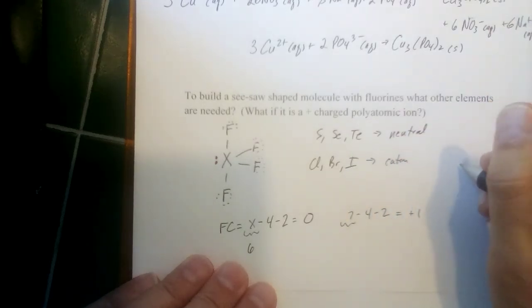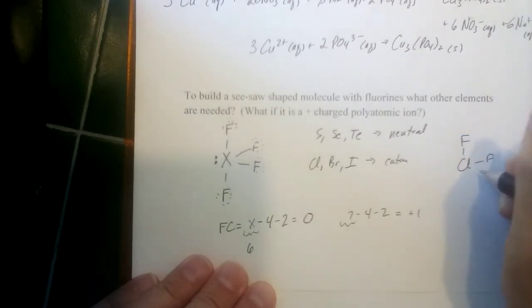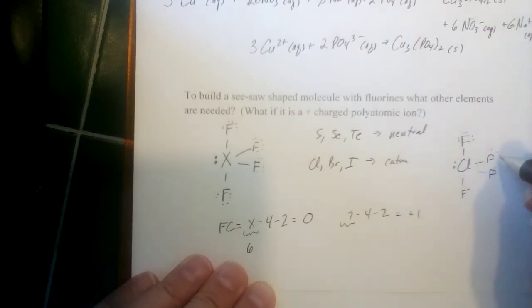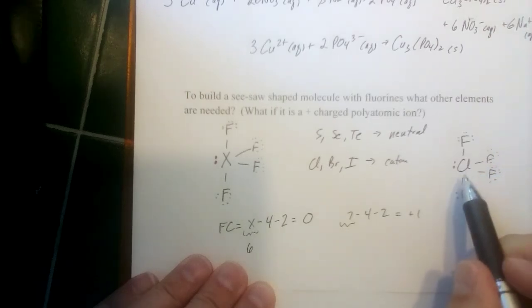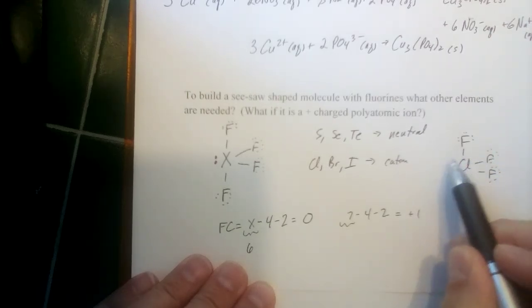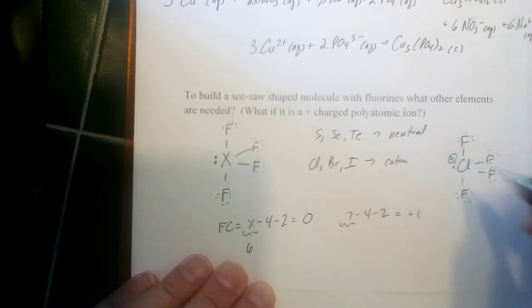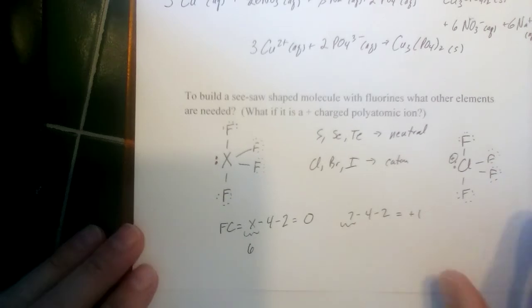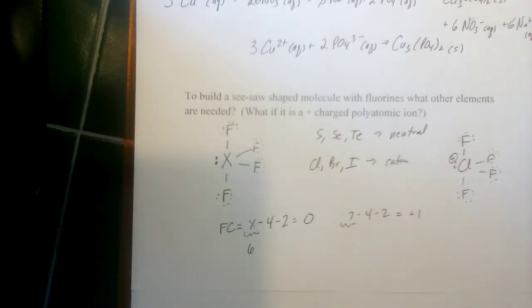So that would look something like Cl, F, F, F, F, lone pair. Right? And that means 7 minus 4 minus 2, positive charge there on the chlorine, so an overall positive charge on the whole thing. Okay, we'll come back with another video for the next page of the review.